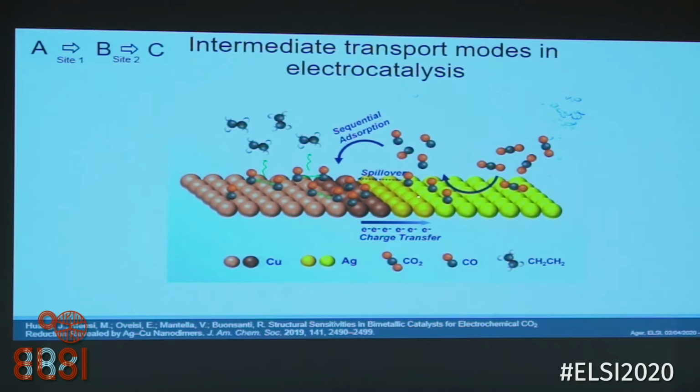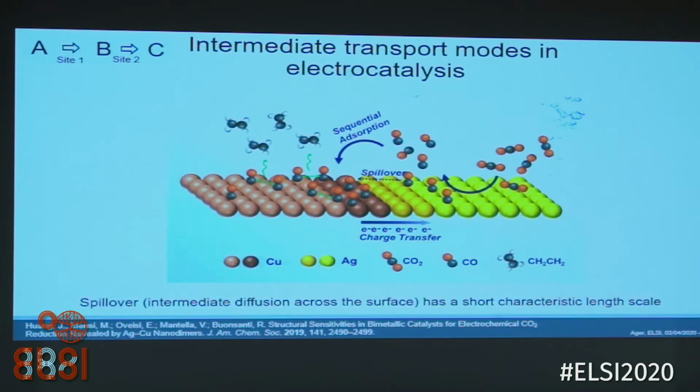Well, one way is that it can diffuse across the surface in a surface diffusion mode. That's called spillover. Actually, it's a term from heterogeneous catalysis. And typically, the length scale for that is actually fairly short. Let's look at this other transport mechanism. It's called here sequential adsorption, but basically the idea is that your intermediate may leave the surface, and of course it undergoes diffusion, but it has some chance of reaching the second catalyst site.